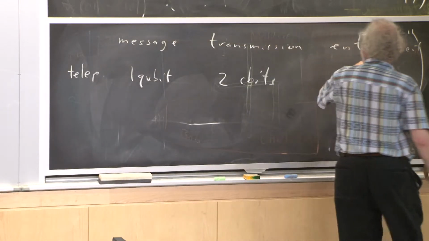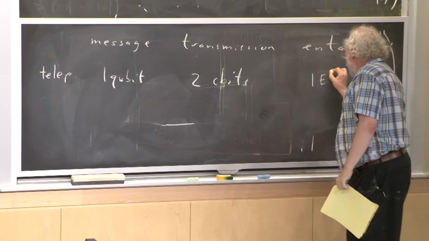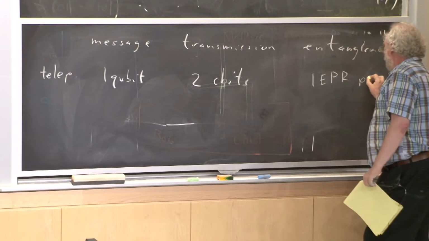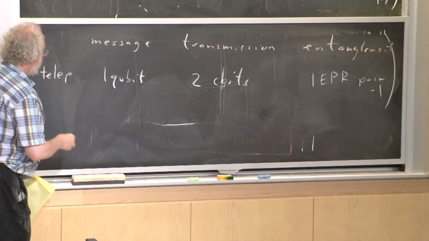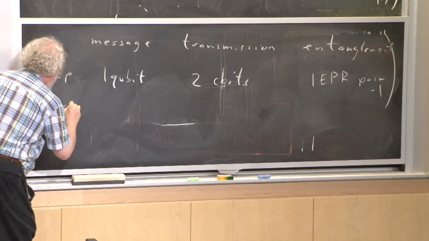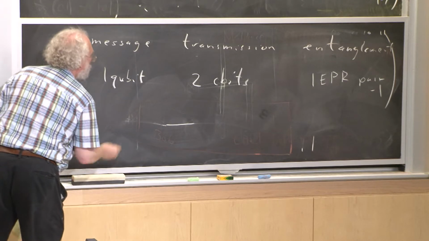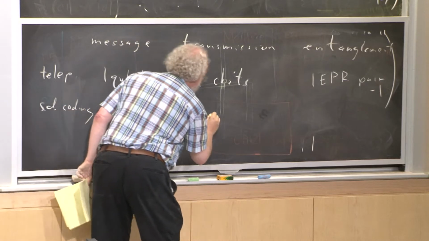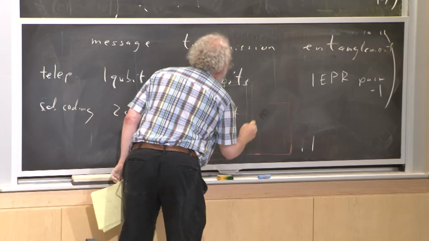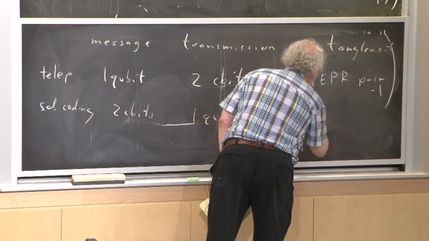And you need 1 EPR pair. And for superdense coding, the message is 2 C bits. You need 1 qubit and 1 EPR pair.